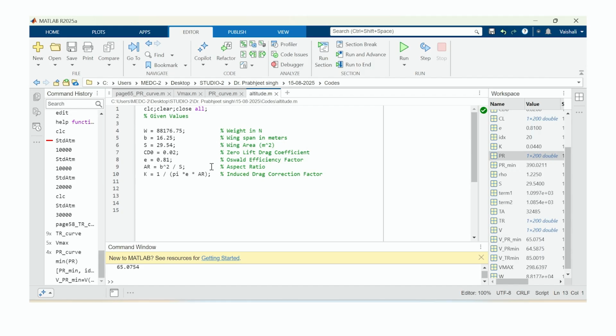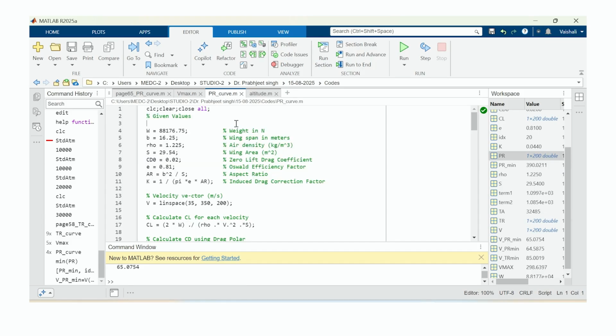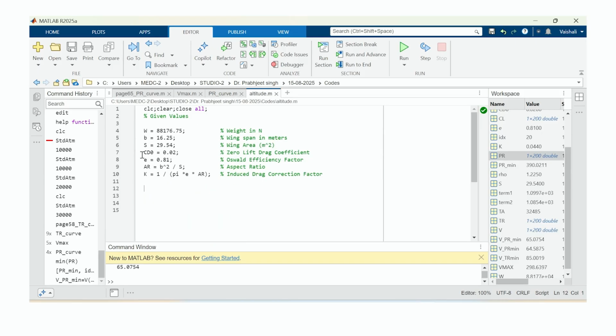Now let us plot it in MATLAB and write the code. First of all, how the power required varies at different altitudes. This was the code that we had earlier written, the power required curve. I have copied it till here and named this file altitude. Now we will be finding density.